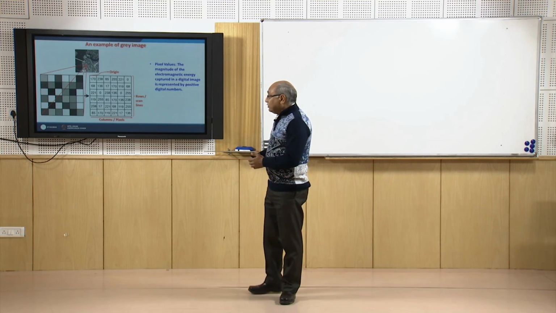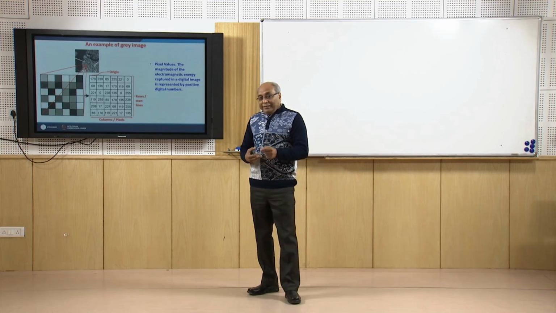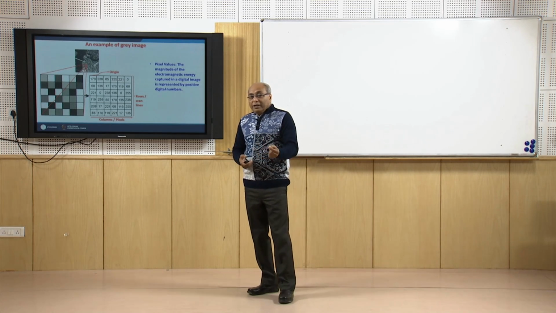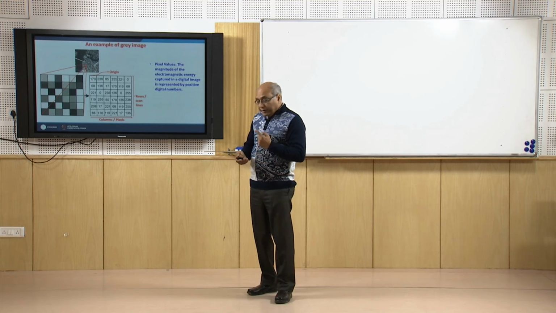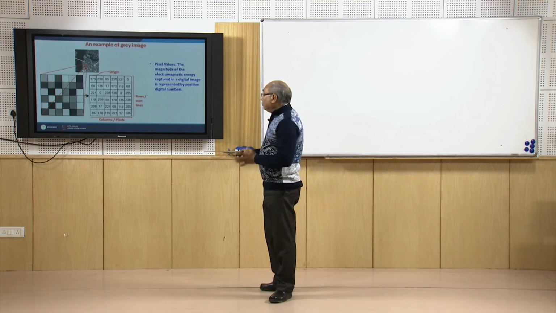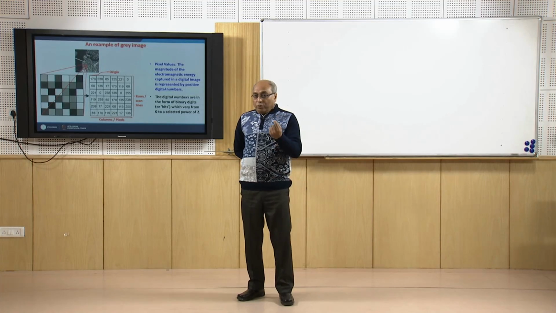But in GIS or for other raster types, like digital elevation models, the cell value can be a positive integer, negative integer, or even a real value, negative or positive. But in the case of a digital image, the pixel value is always a positive integer. This one has to be remembered, and these are basically in binary digits or bits. So when we say a binary image, it means the pixel value within the image is either 0 or 1.